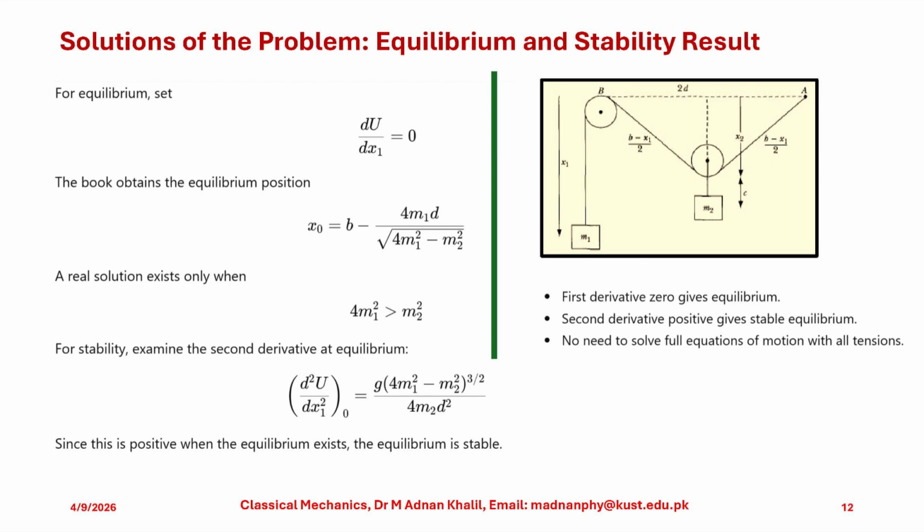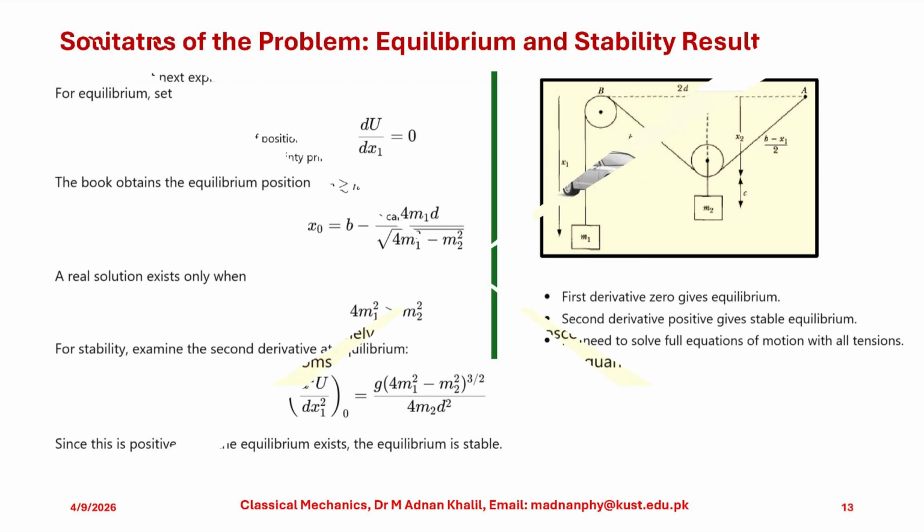So the important point is that first derivative 0 gives equilibrium and second derivative sign gives stability. Again, this was done without solving a complicated set of force equations with multiple tensions.